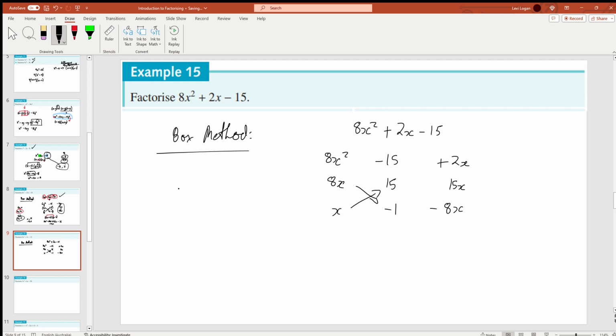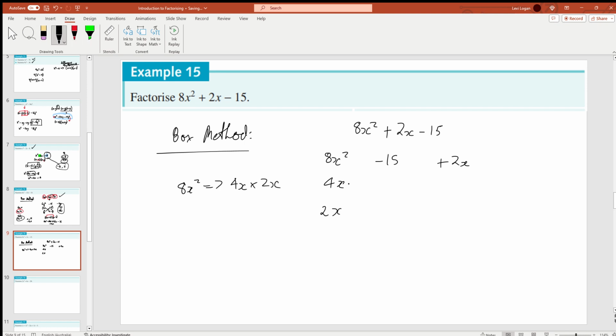Now 8x squared is also the same as 4x times by 2x. So let's try that combo now. So 4x and 2x. Now I'm probably not going to use 15 and 1 again, because 2 times 15 is going to give you 30. So what I'm going to do is choose smaller numbers now.